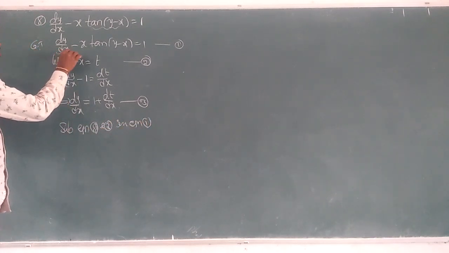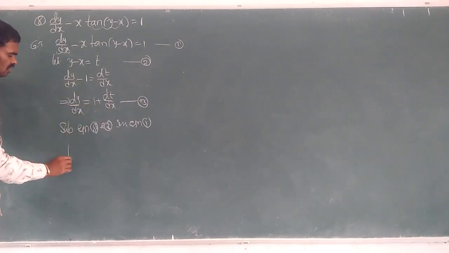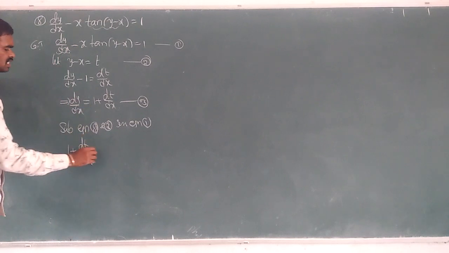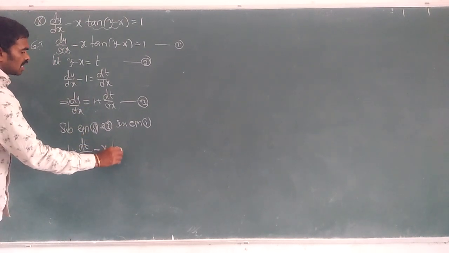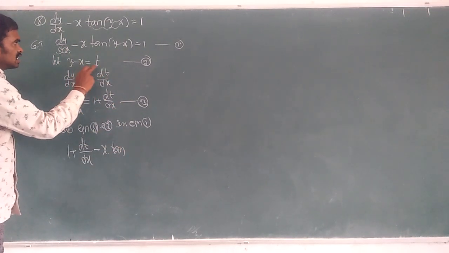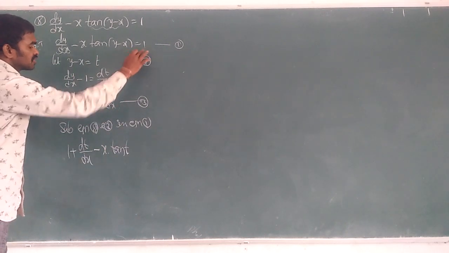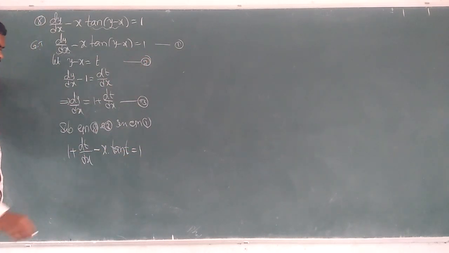So from equation 1, dy by dx is nothing but 1 plus dt by dx, minus x into tan of t, since y minus x is t, and it is equal to 1.